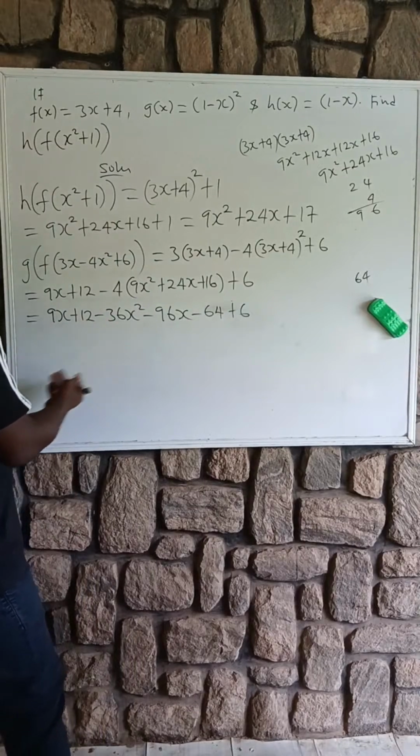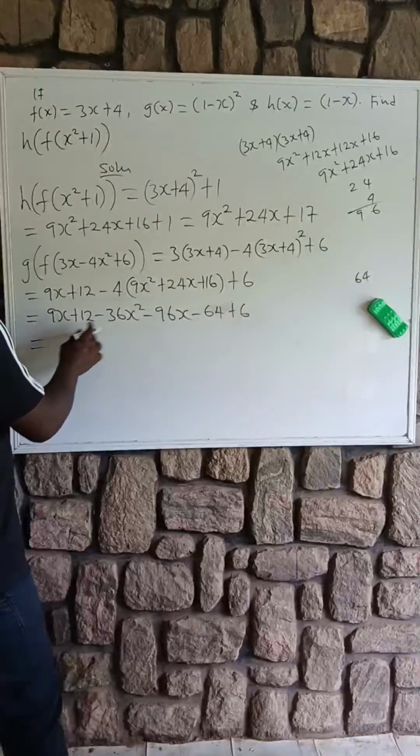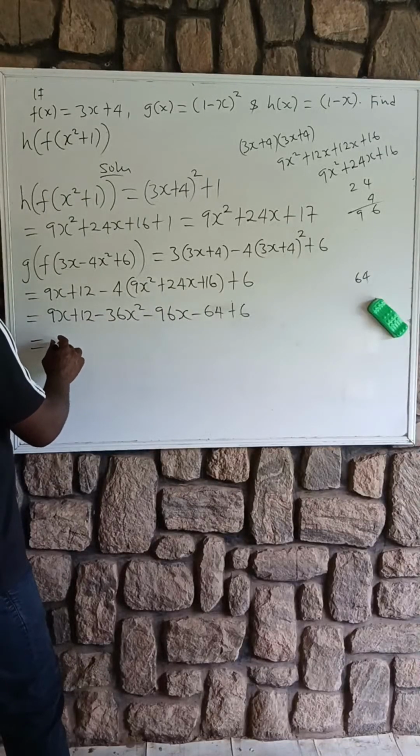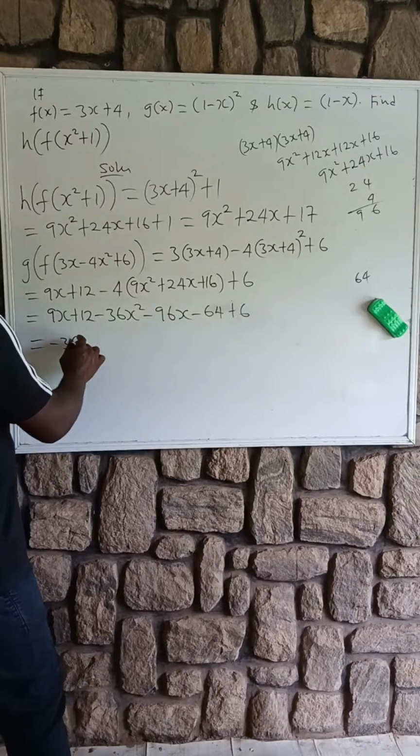So let's collect like terms. Here minus 36.